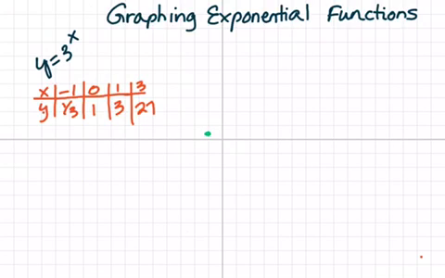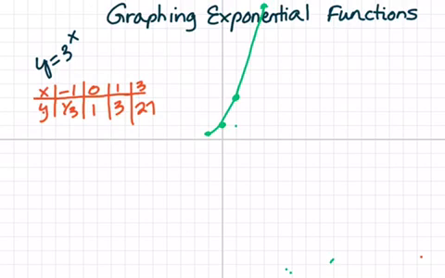X is 0, y is 1. X is 1, y is 3. X is 3, and y is so far up here that I can't show you. So if I were to graph this, it's going to go huge up like that.